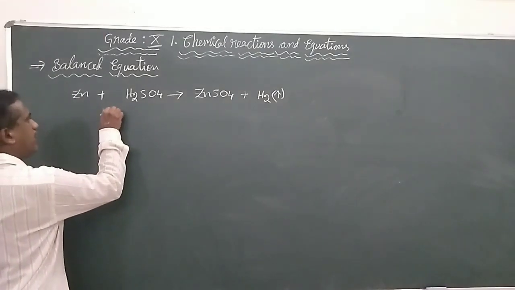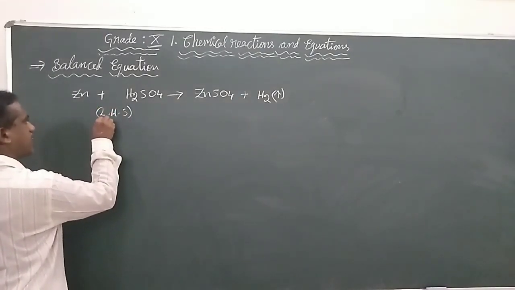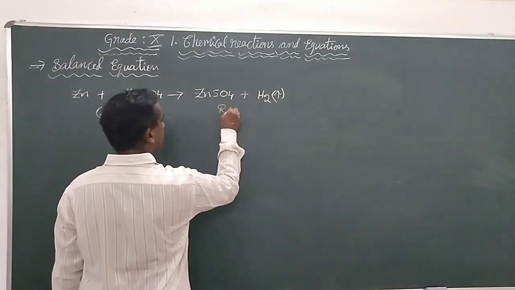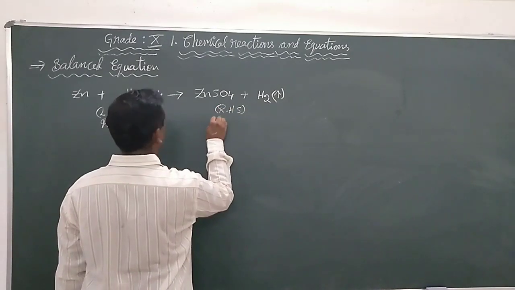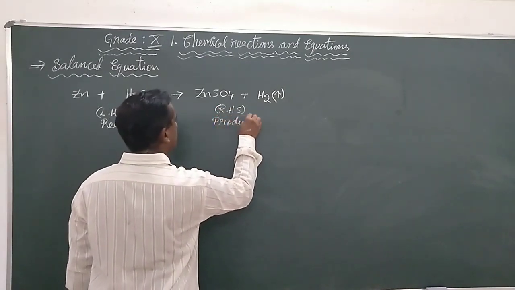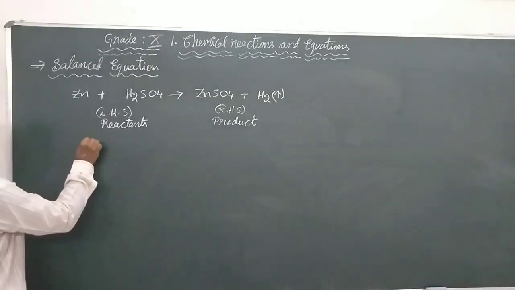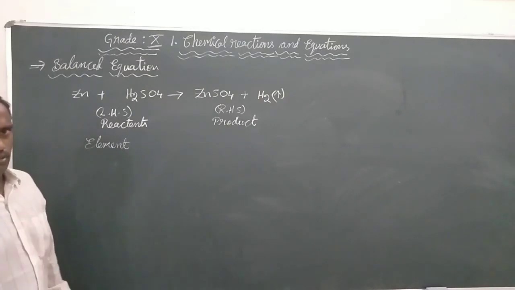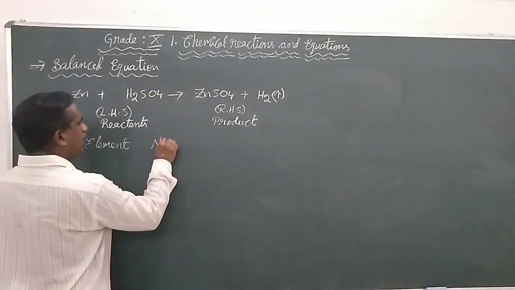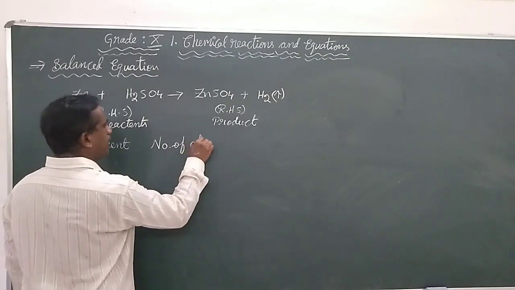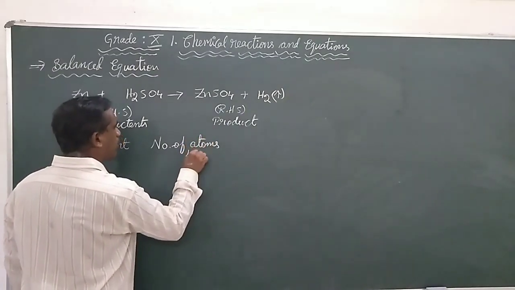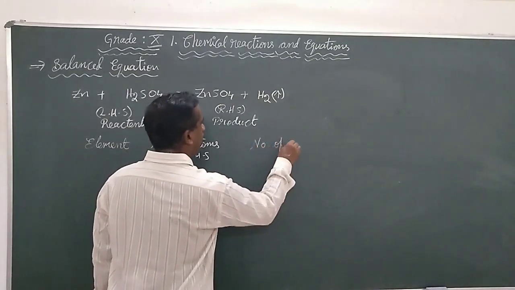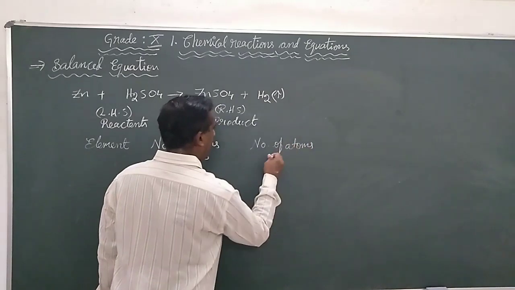The left hand side is the reactant side and the right hand side is the product side. First we take the elements present in the chemical equation, calculate the number of atoms present on the LHS, and check the number of atoms present on the RHS.